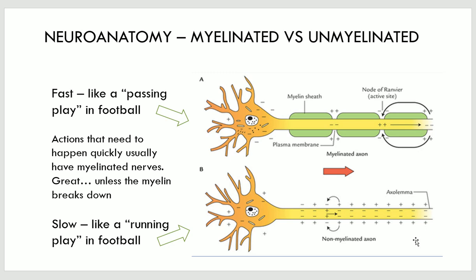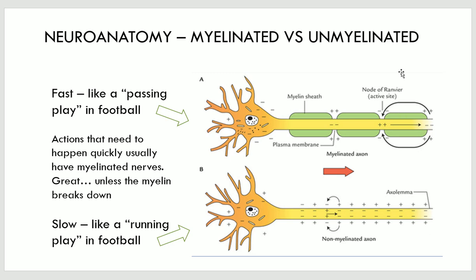Correct. So here there are chemicals inside and outside of the neuron, and they switch places all the way down the neuron, in and out, and in and out, over and over again. And this happens very slowly. They run every step of the way wherever they are. Myelinated, however, are fast.